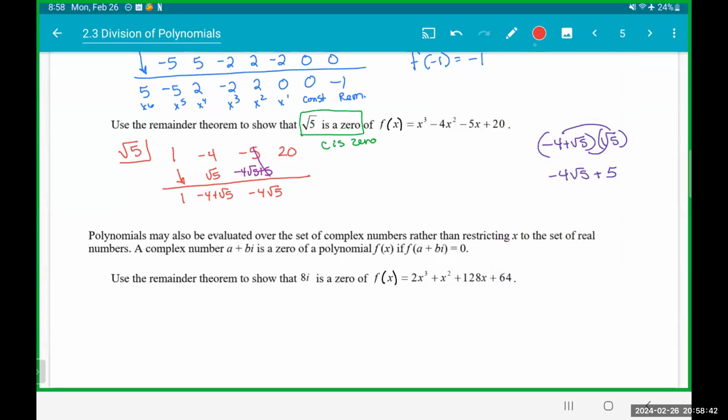When I multiply that, I have -4 square roots of 5 times the square root of 5. When I multiply that, I get -4 times the square root of 25, which is -4 times 5, which is -20. And you will see that that gives me a remainder of 0. So no remainder means that the square root of 5 is a 0.